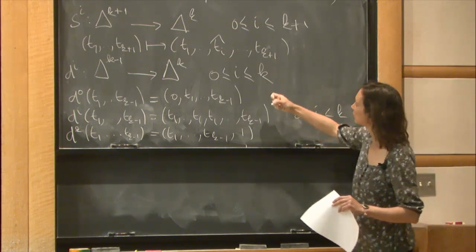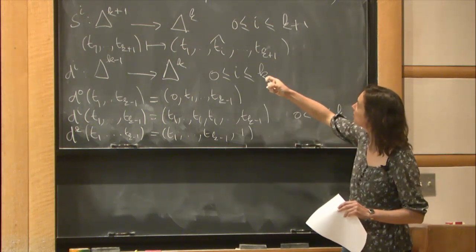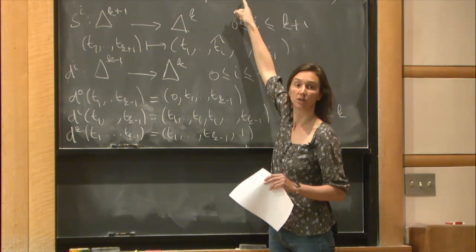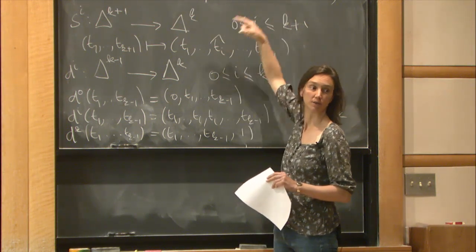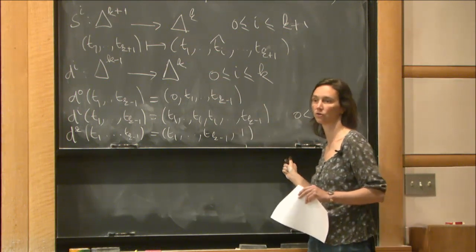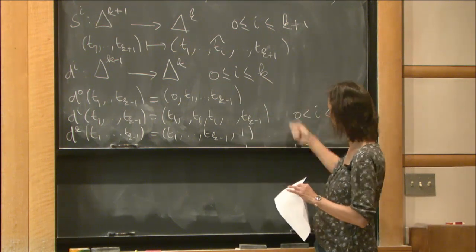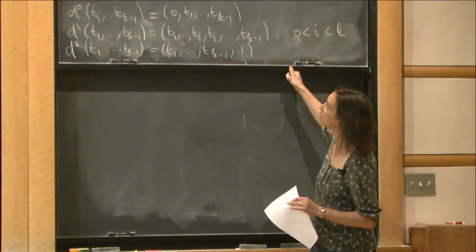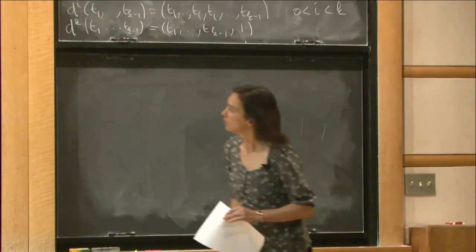You can see that these are the boundaries of the simplex, because the boundaries are exactly where one of these is an equality. So these are the k plus 1 faces of the simplex. Good.